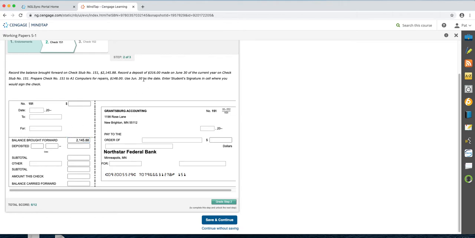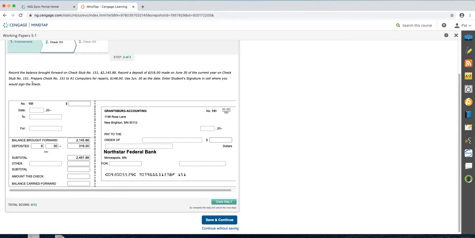It says we made a deposit on June 30th, and we're writing 6 here for $316. So then we add these 2 up to get our total, 2,461.88. So that is coming from these instructions here.